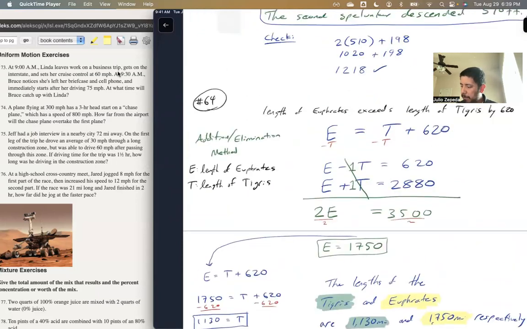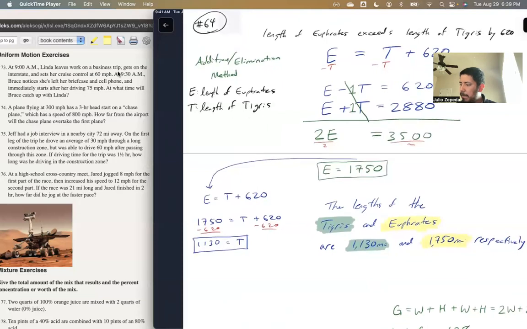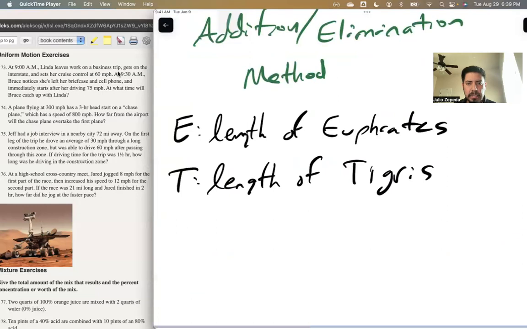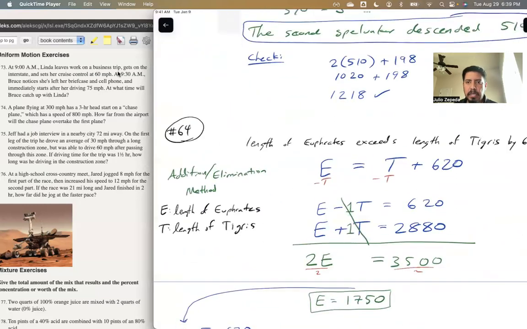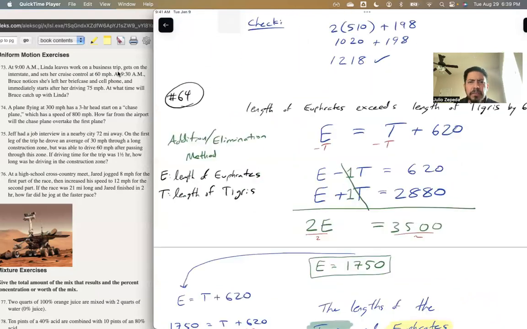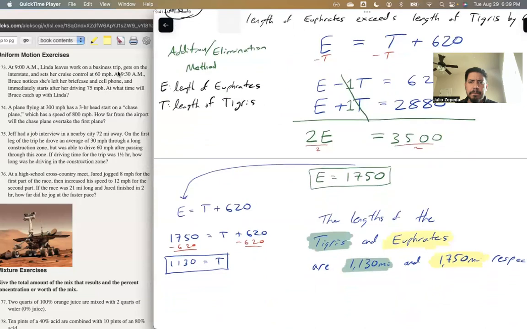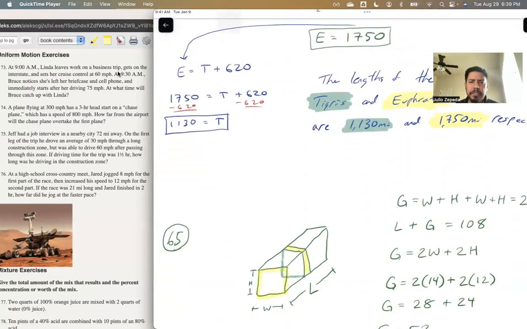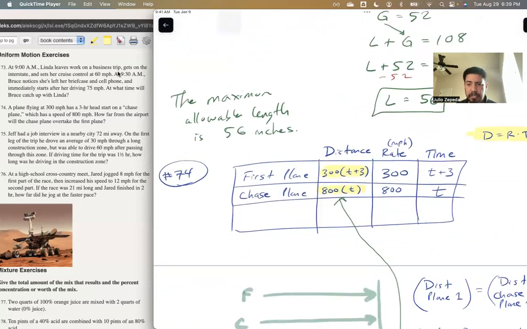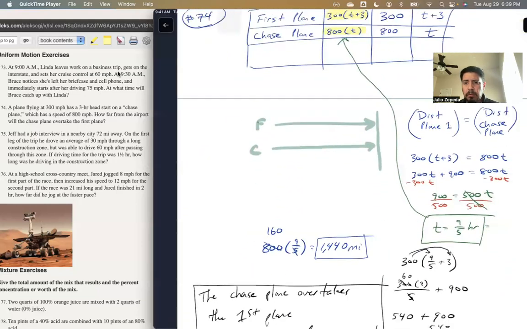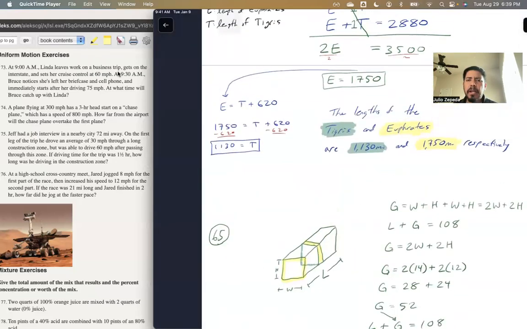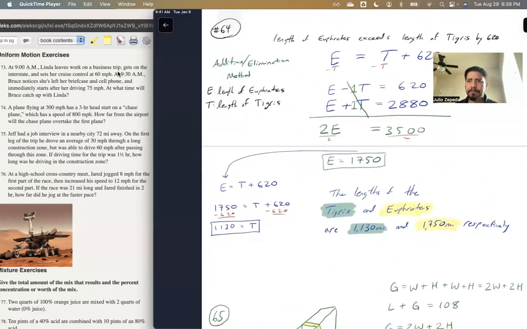If we don't set up a table, we could define our lengths as, E, as I did here, is the length of the Euphrates, T is the length of the Tigris, and so on. Okay, so try to organize your information and then set up an equation as you've seen in these examples. Okay, so every problem is different. You can see every one of these problems was solved somewhat differently. So it does take a lot of practice, and that's what we'll do in class.